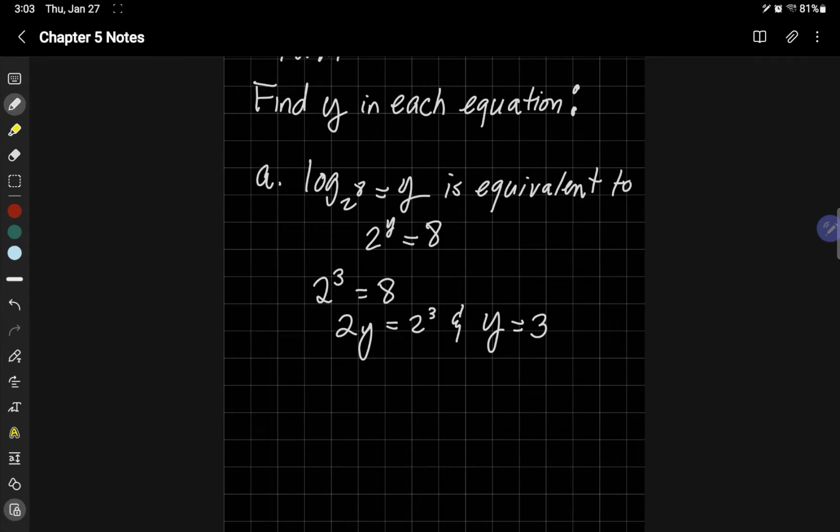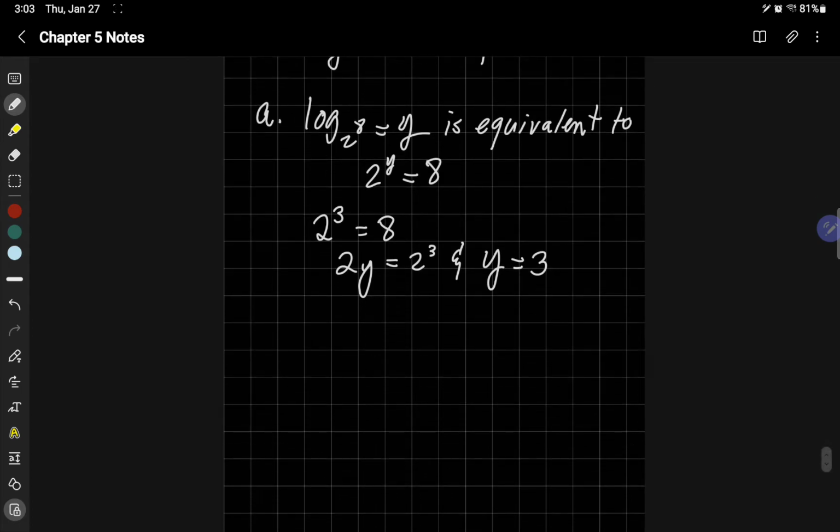Right now I can't make it clear in my head, but let me continue. The next one that I see here, the answer is y equals 3. Okay, let's just write everything down and see if I can get it. Once I get it, I'll help you understand this.